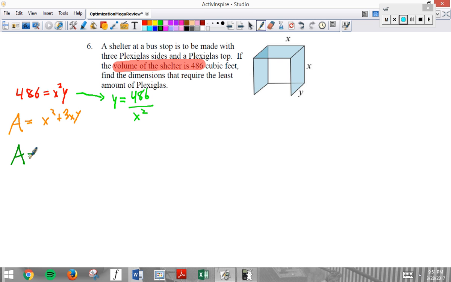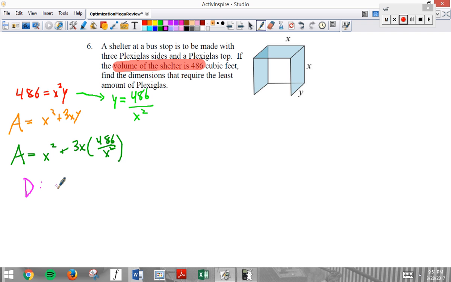a equals x squared plus 3x times 486 over x squared. Alright, now domain.